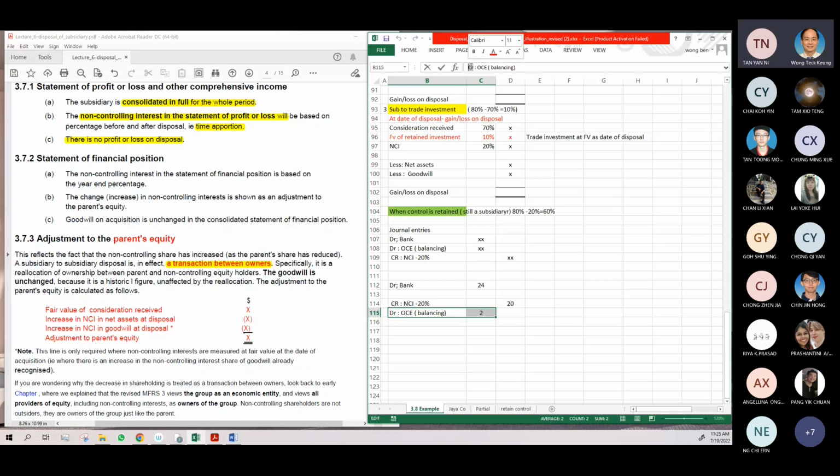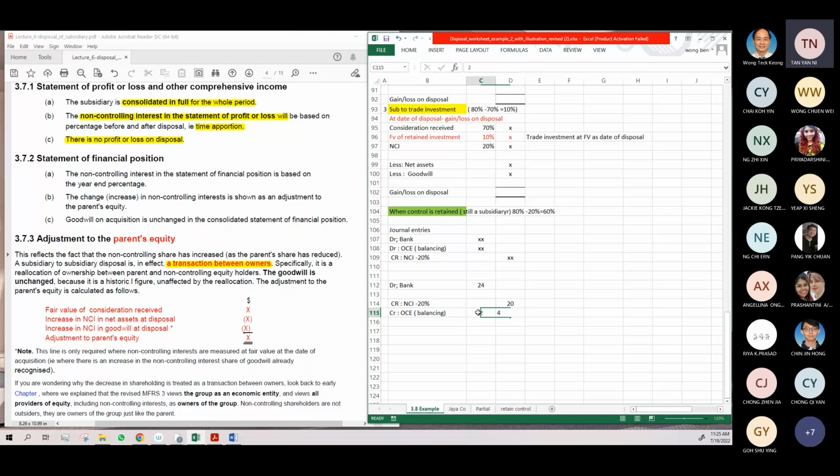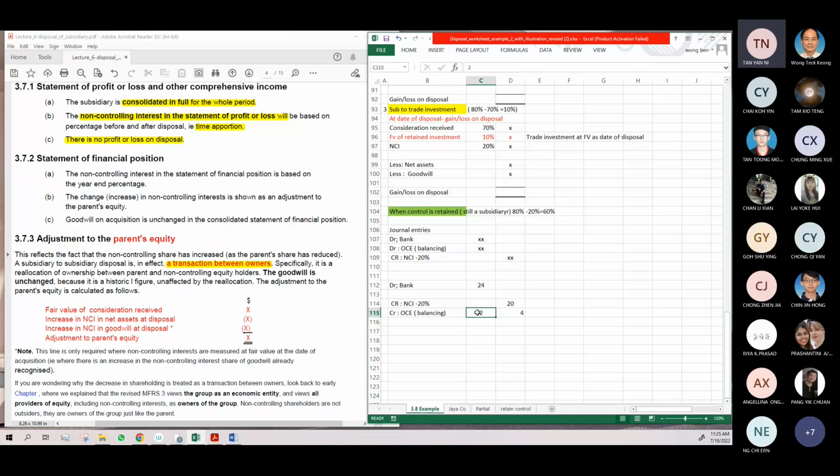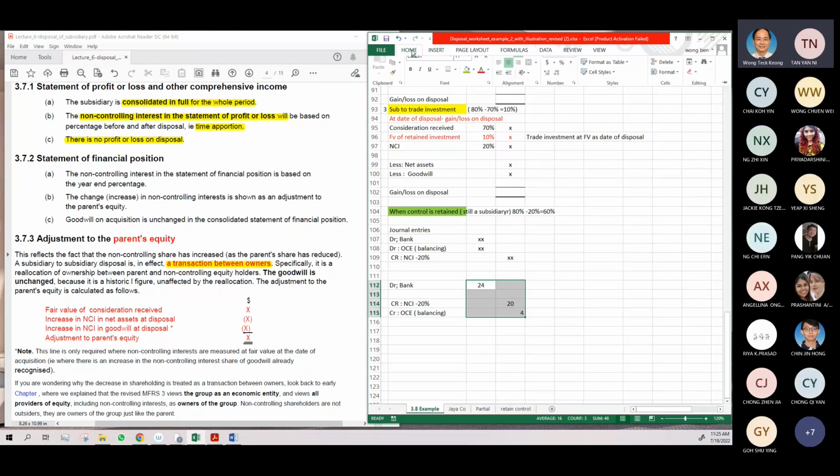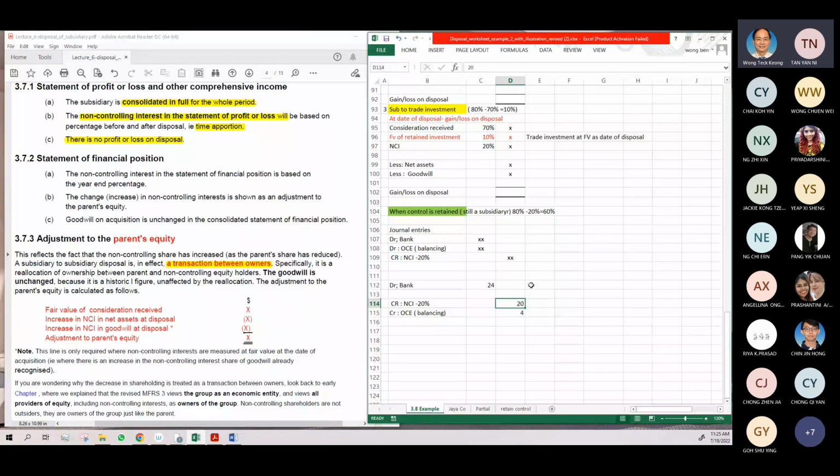Balancing here, 4 million. So the tricky part of it, you must know how much 20% NCI is the value of it. So you have to compute the NCI. Let's say you have 20%. You must find 20% of your net asset, which will be your 20% NCI if the company is using partial goodwill.